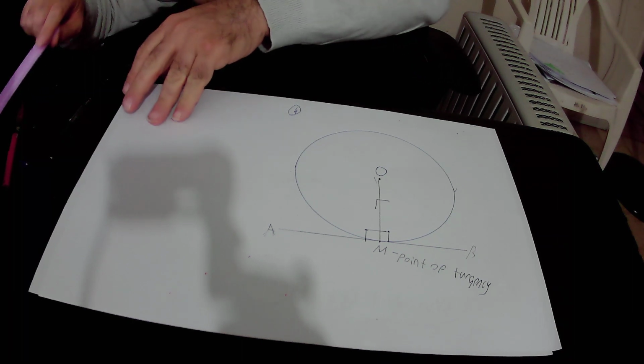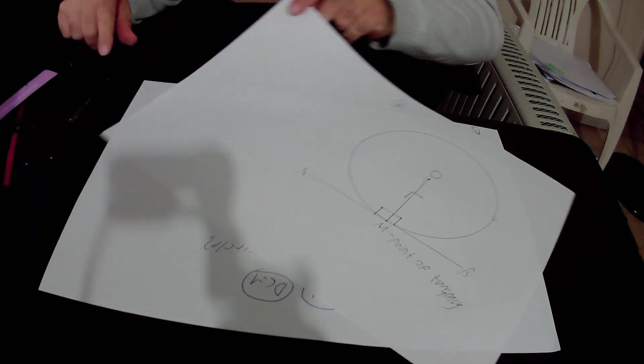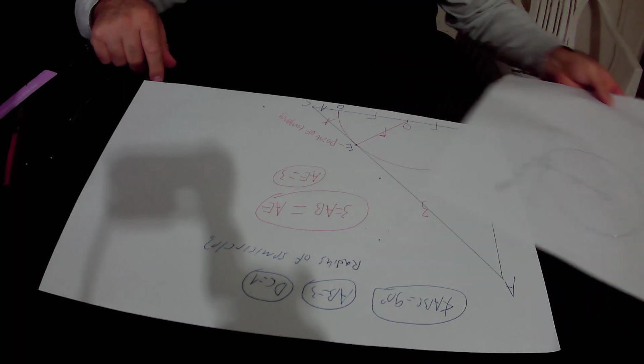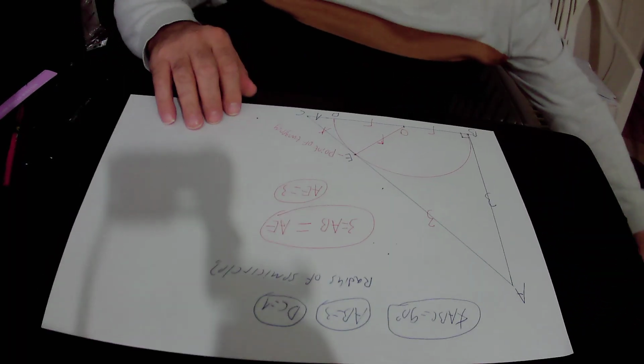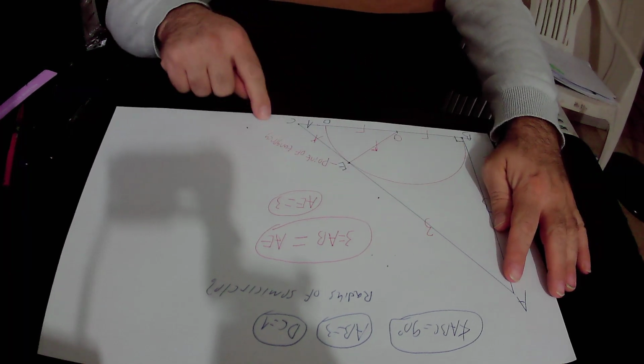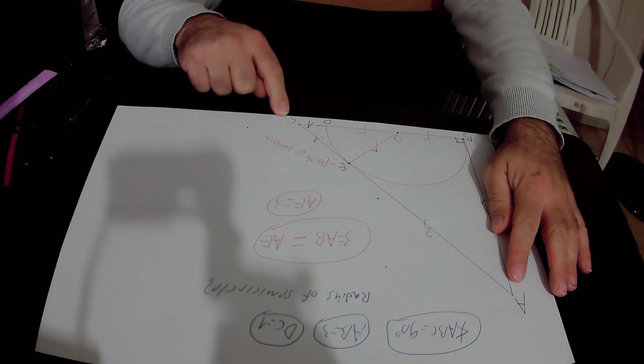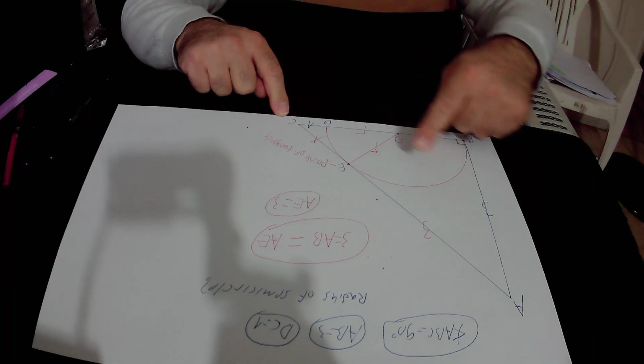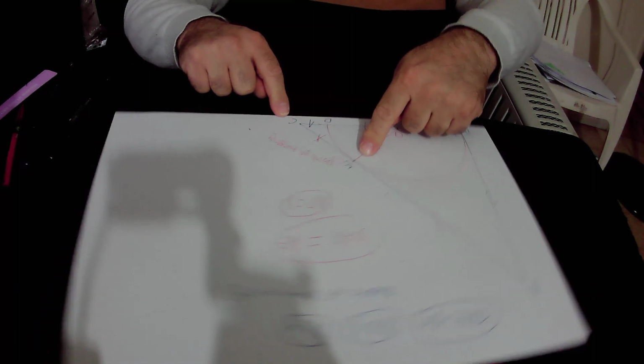So we can implement rule number 2 in our drawing, because here we have tangent AC, which is tangent to this semicircle at point E.